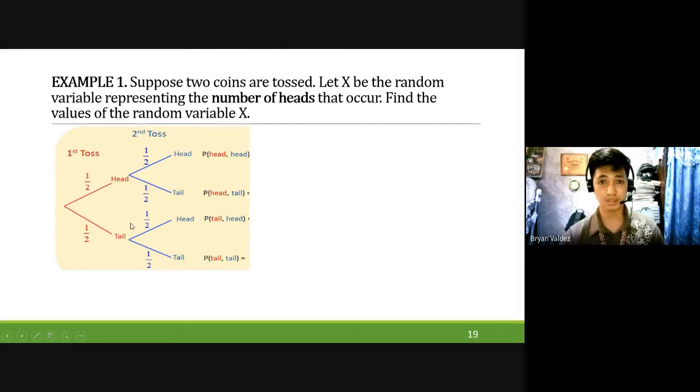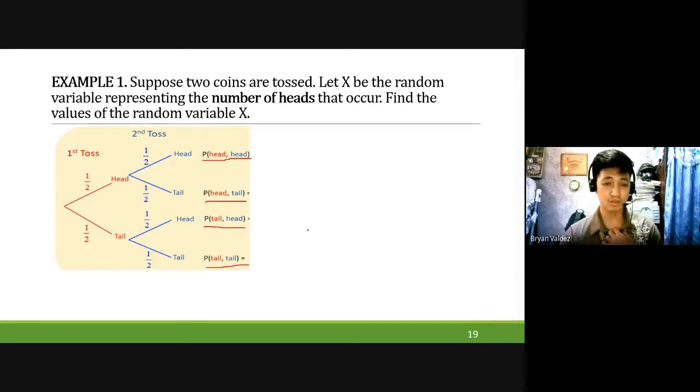So, dun sa mga susunod na toss pa, ang possible na lumabas ay head, tail, saka head, tail lang naman. So, we are going to identify the possible outcomes. So, pwede magkaroon tayo ng head and tail and head, and tail.